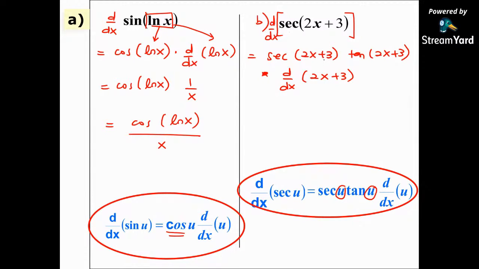So copy down secant, that function, tangent, that function, and then differentiate that function. Differentiating 2x plus 3, it will simply become 2. So we got 2 secant 2x plus 3, and then tangent 2x plus 3.